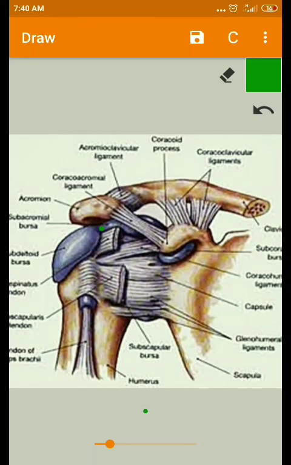The secondary complaint after this is the inflammation or degeneration of the supraspinatus tendon that is seen in subacromial bursitis. So these are all about the bursae related to the shoulder joint or glenohumeral joint.